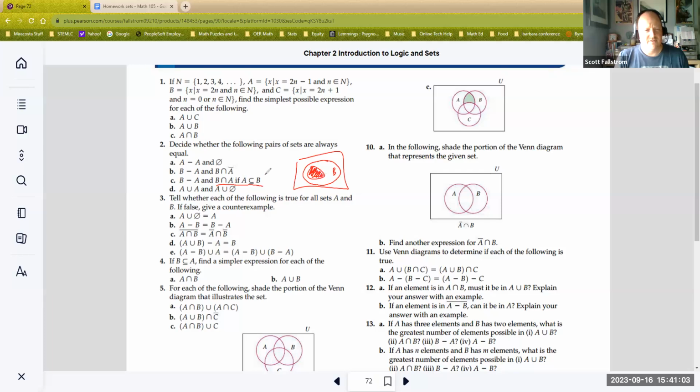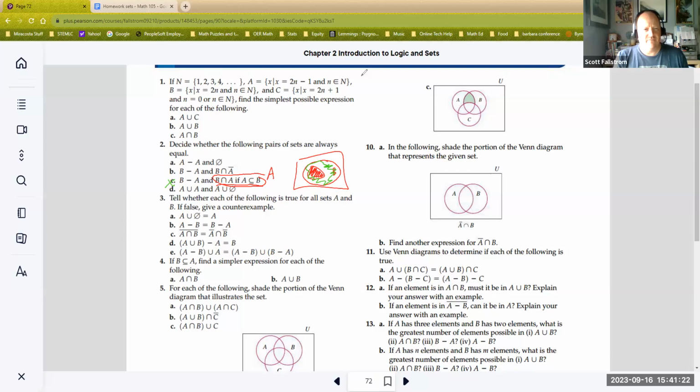So the answer for this one would be A, but over here it would be B without everything in A, which would be all the stuff remaining out here too. So no, these are not always equal. So part C would be a no.